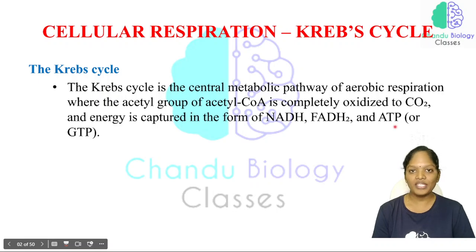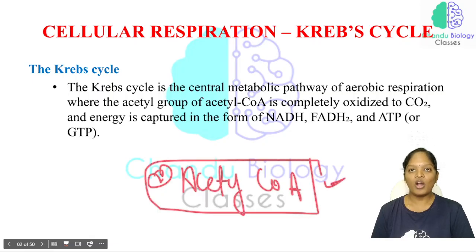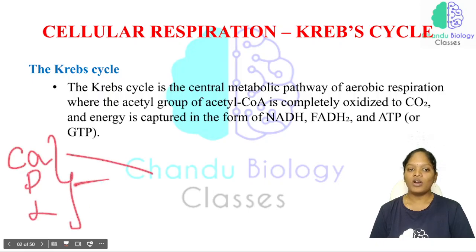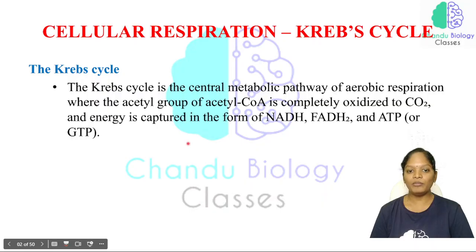See, in the Krebs cycle, you should know that acetyl CoA is the common compound for carbohydrates, proteins and lipids. All these biomolecules have been converted at one point of time. All the carbohydrate molecules, protein molecules and lipid molecules have to be converted into acetyl CoA.